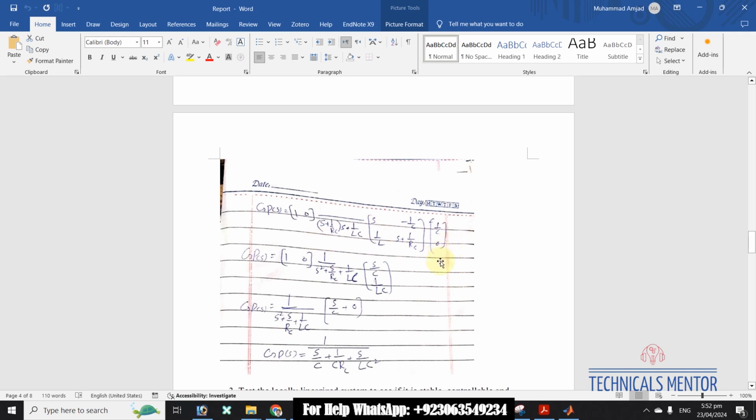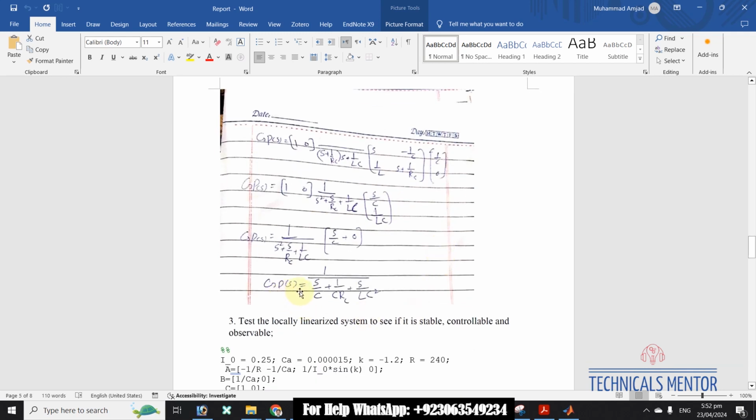After simplification, we get G(s) is equal to (s over C) over (s squared plus 1 over RC times s plus 1 over LC).